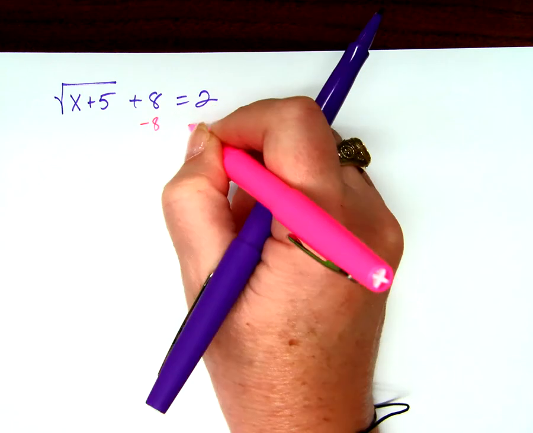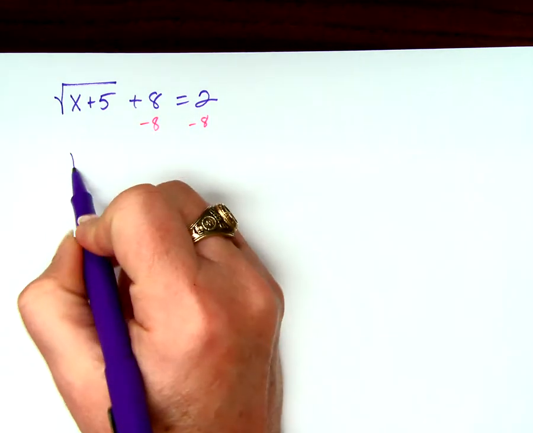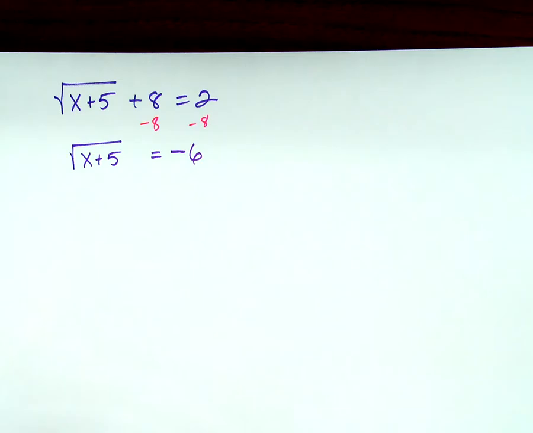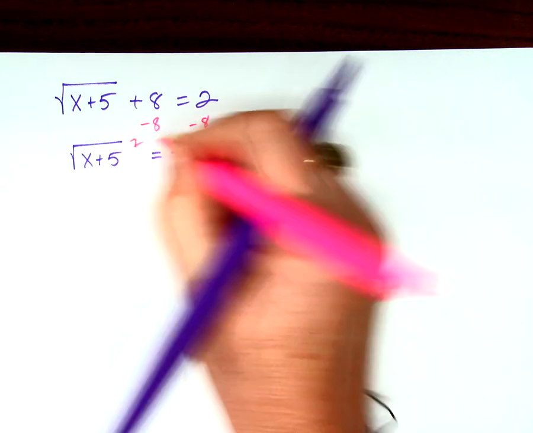The square root of x plus 5 equals -6. What do you want to do? You want to square both sides?